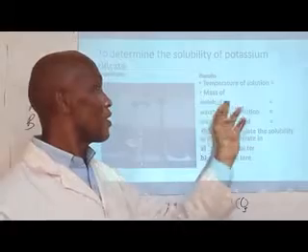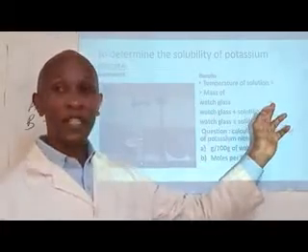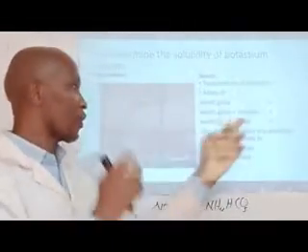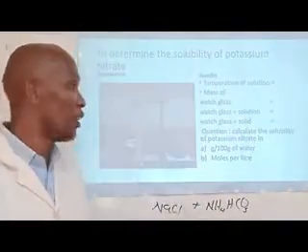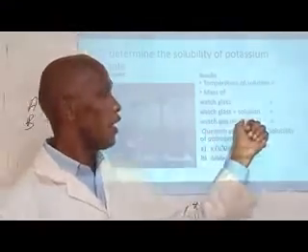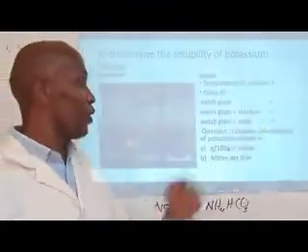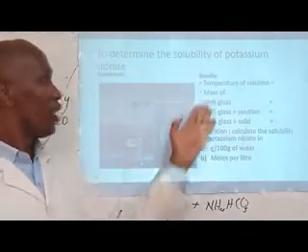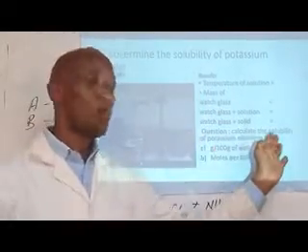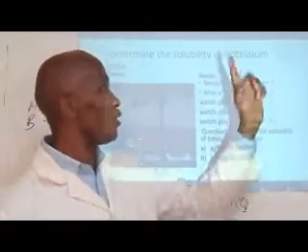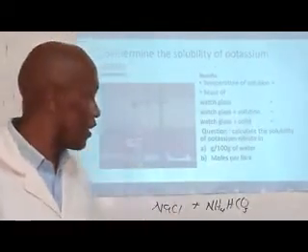The mass of the watch glass needs to be picked. The watch glass with the solution, you need to record that. And also the watch glass with the solid after evaporation. You need to record that, because it is from that data that we shall be working out the solubility of potassium nitrate at that particular temperature.